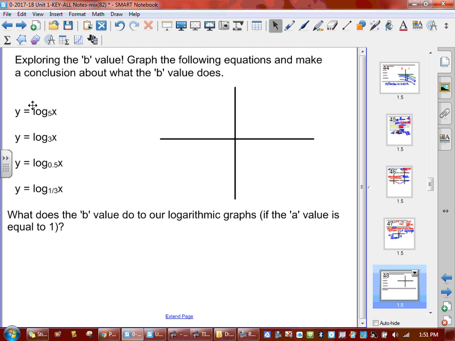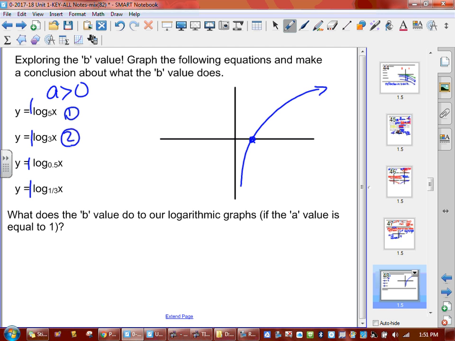Let's check it out. So, if I graph the very first one, it's going to do this. And I'm going to number the graphs again. 1, 2, 3, and 4. So here's graph 1. And our x-intercept here is at (1, 0).